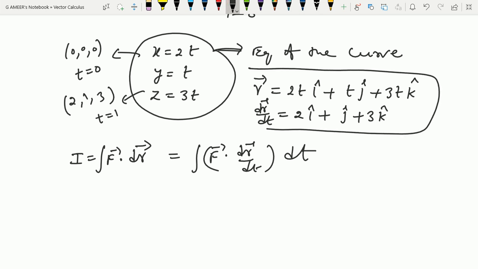This is the equation of the curve, then followed by that the integration will become dr by dt, F dot. What is F?